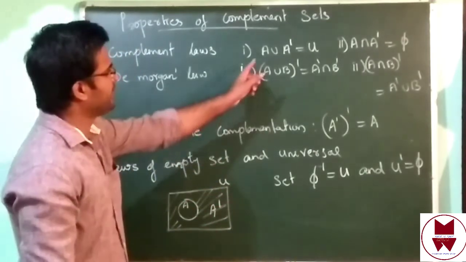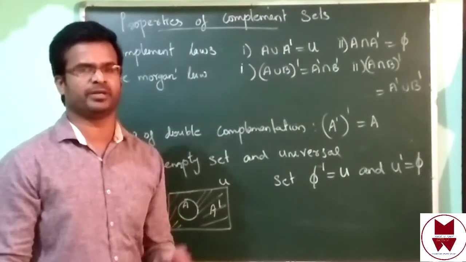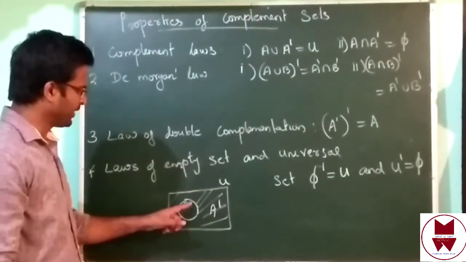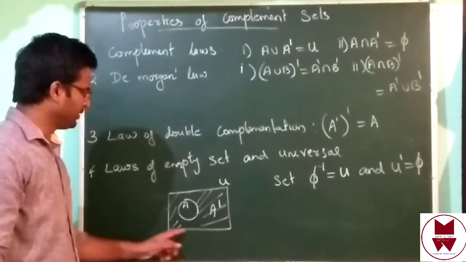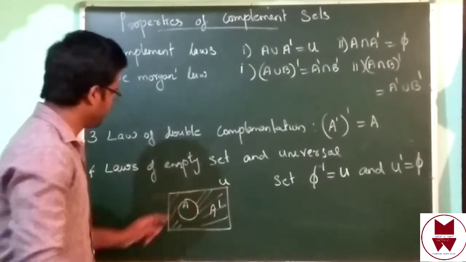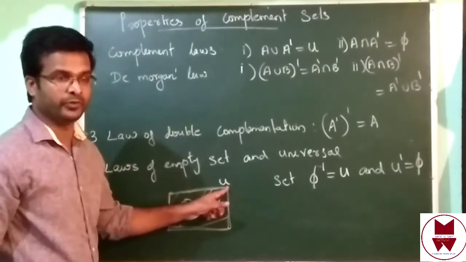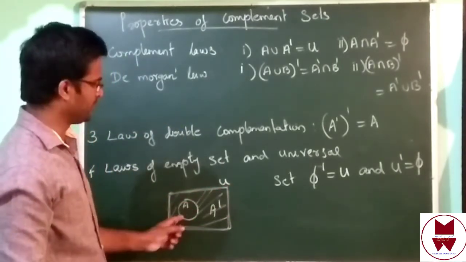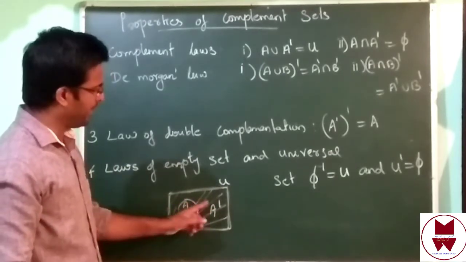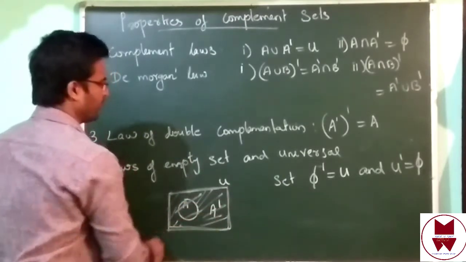If you take A union A complement, union means we take all the elements, isn't it? That means in this Venn diagram there is no unshaded or shaded region left out, all are included when you take the union. That is the universal set. So the union of A and A complement gives the universal set. All things are included there.